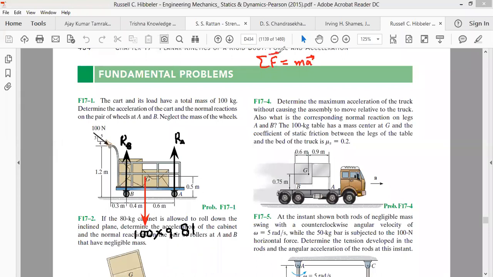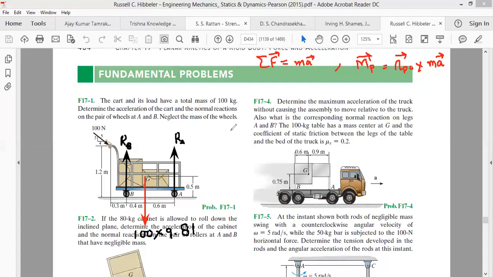Number two, summation of all the moments about any point P is equal to the radius vector drawn from point P to the center of mass, its cross product with the mass and acceleration of the rigid body. We'll use these two equations to solve this problem.